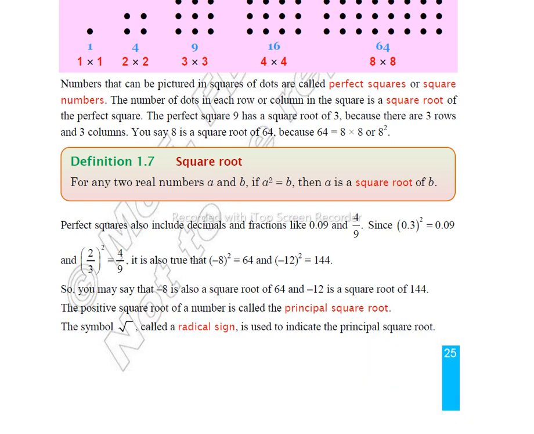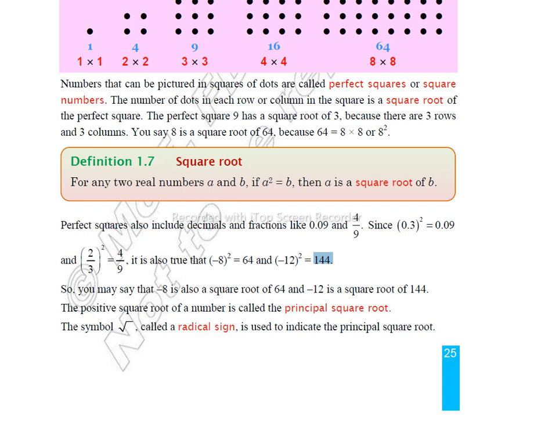Negative 8 times negative 8 squared is 64. When we multiply negative 12 times negative 12, it gives us positive 144, because negative times negative gives us positive. So you may ask whether negative 8 is also a square root of 64.